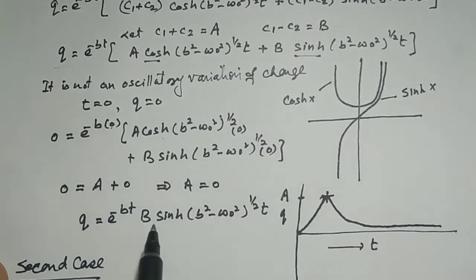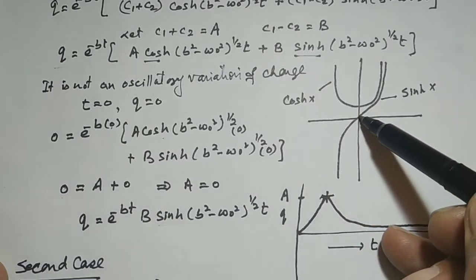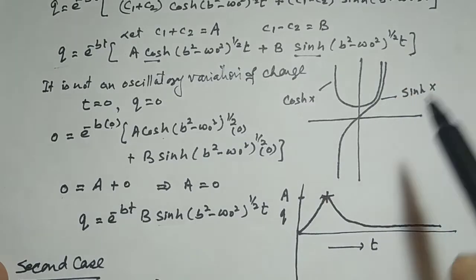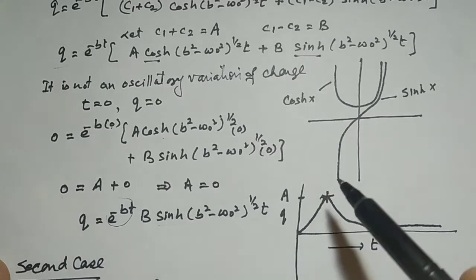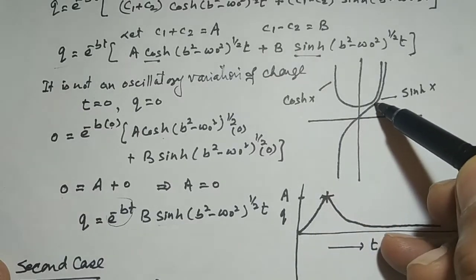Okay, so it means now only sine variation is there, and sine variation from 0 onwards is like this. It means that in the starting, when time is small, the exponential function will be very small and the sinh function will dominate, and therefore the variation will be given by the sinh function from here to here like this.